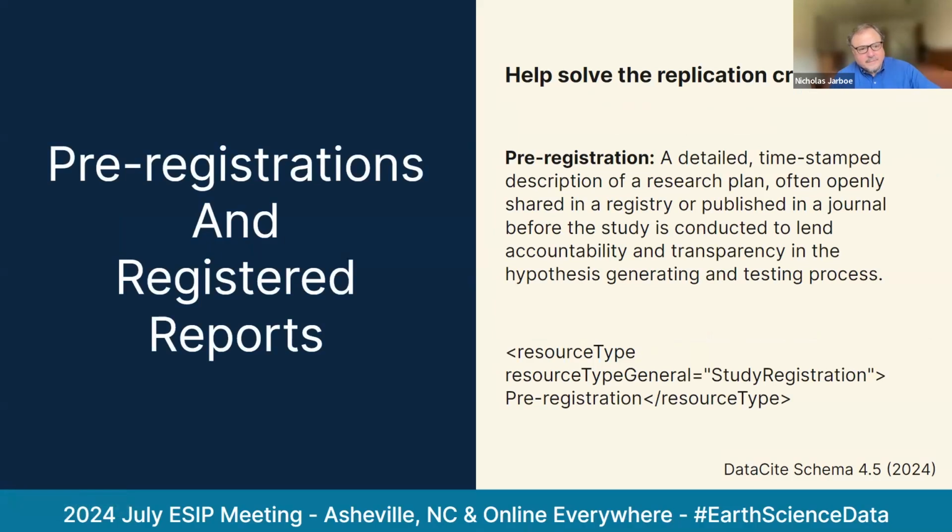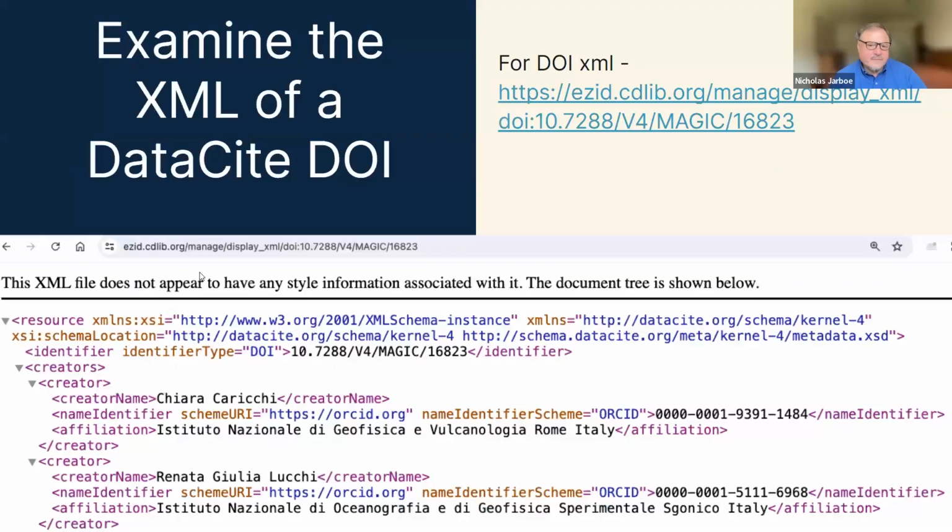So now for people doing studies, it's much better statistically and methodologically to report what you're going to study ahead of time. And this is one way that you can reference these pre-registration reports. So DataCite's added that. That's great.